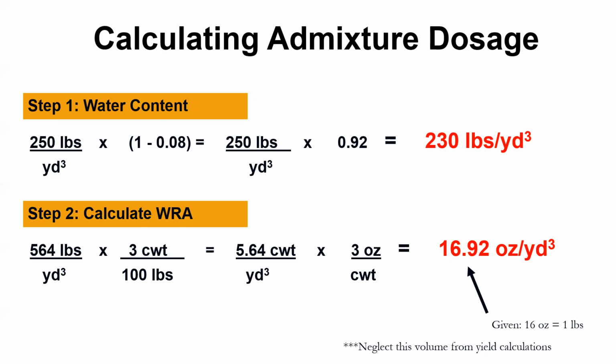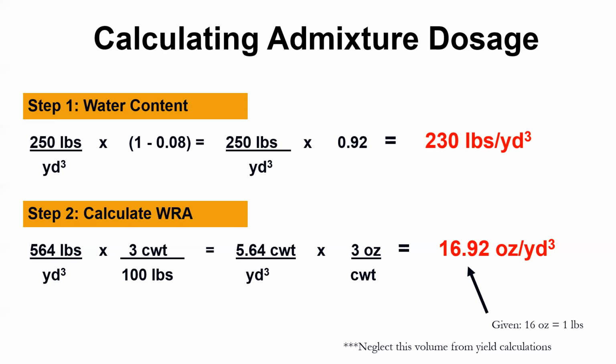And then our second part is if we need to calculate how much water reducer we have in our mix. So we're doing 3 ounces per hundredweight of cement. So we take the amount of cement we have, which is 564, times 3 divided by 100 pounds of cement.